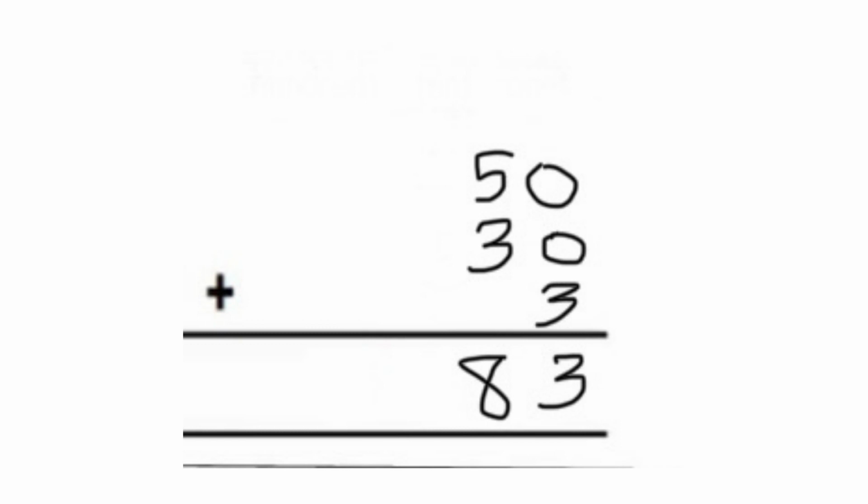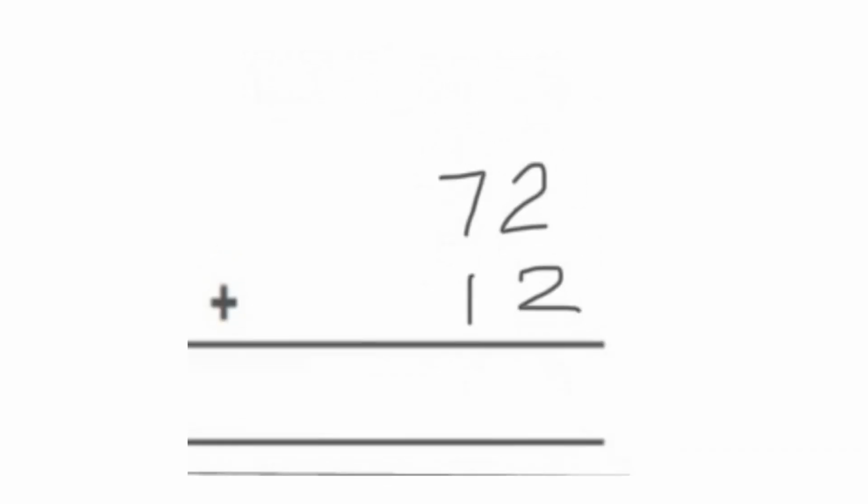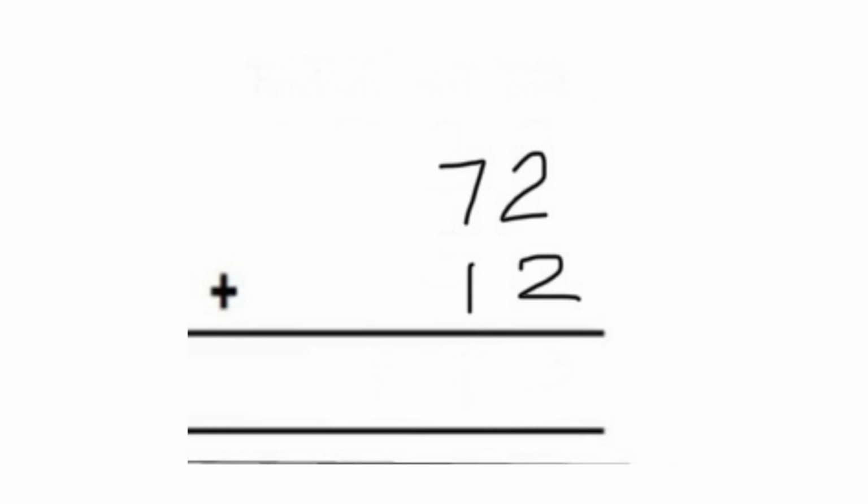Now let's look at another problem. In this problem, we are finding the sum or the answer of an addition problem to the question of 72 plus 12. Now for this problem, I'm going to use the standard algorithm. So I go to my ones place and see 2 plus 2.